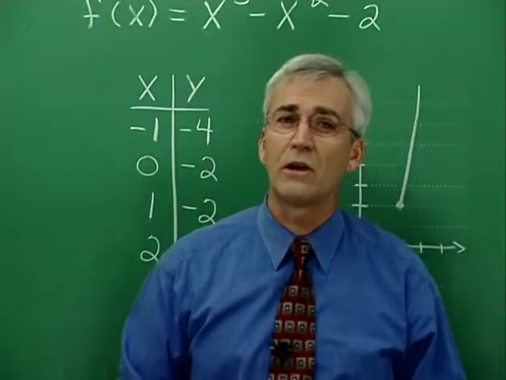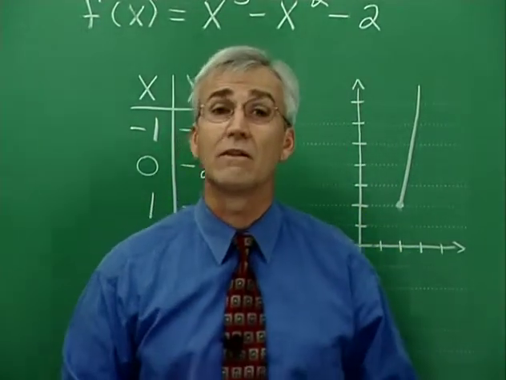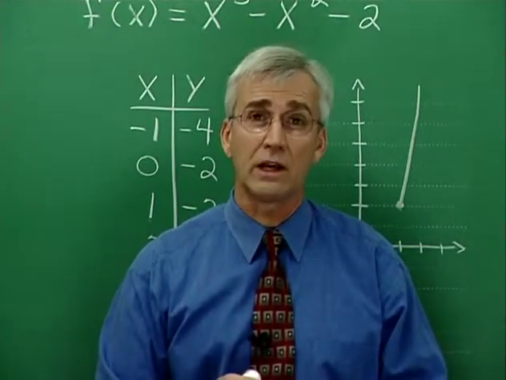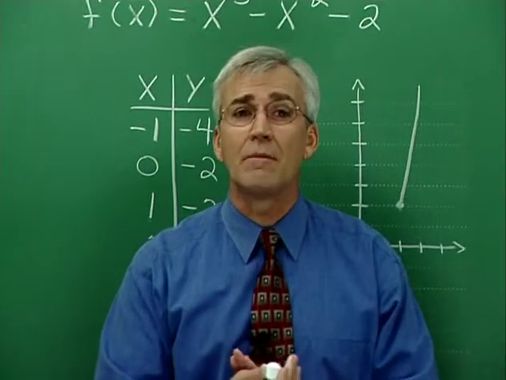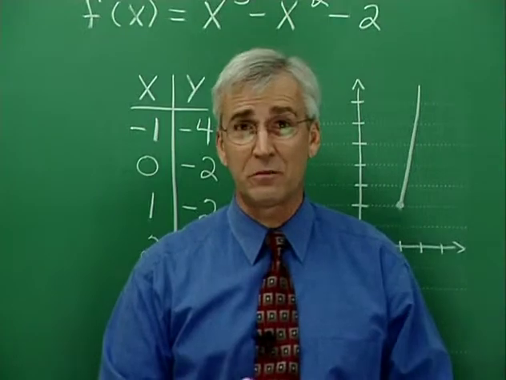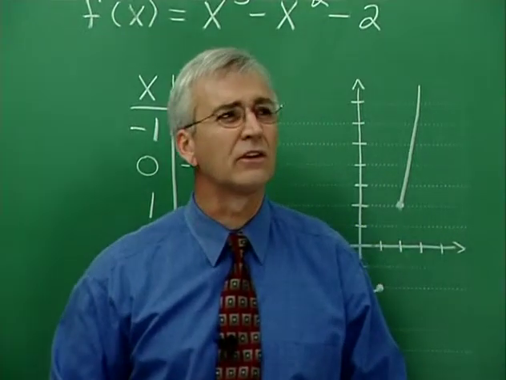Now, I heard a rather interesting explanation of the intermediate value theorem from a wonderful mathematician named Howard Eves. He's one of the leading math historians in this country. He was asked to explain the intermediate value theorem, and he says, well, it's kind of like this.